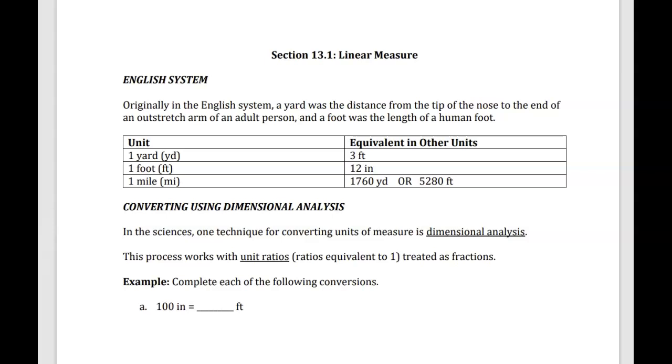Now, originally, in the English system, a yard was measured by the tip of your nose to the end of your outstretched arm of an adult person. And a foot was the length of a human foot.